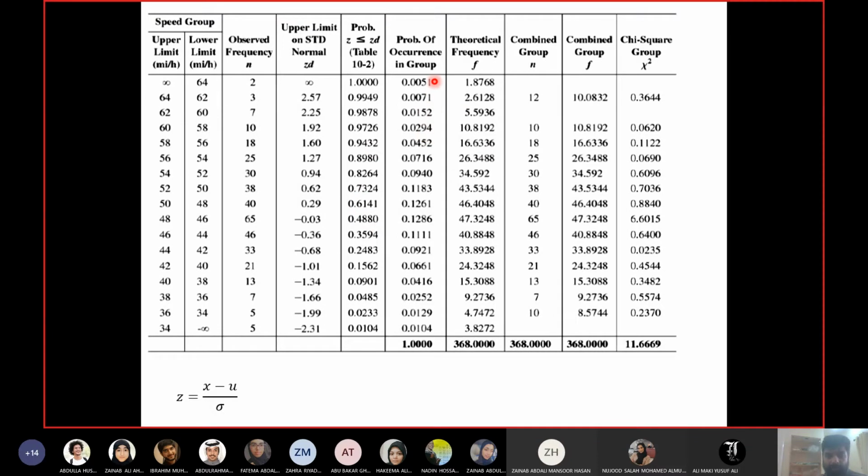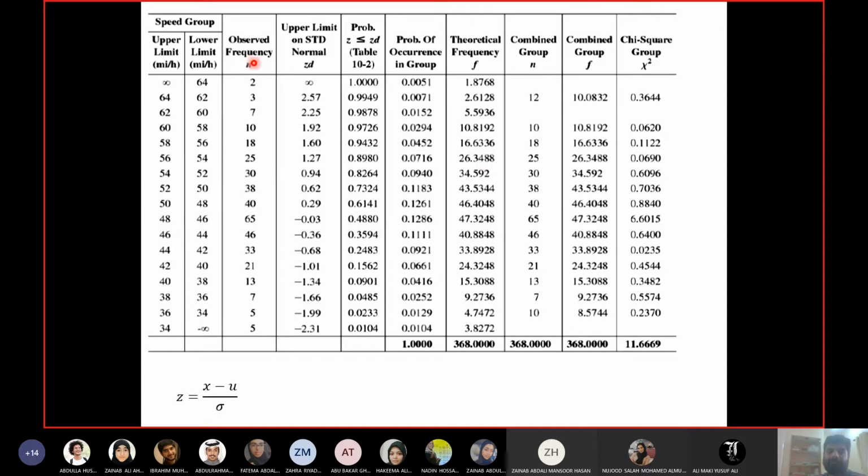Remember, capital N is a constant, the total number of values for the whole data set, so it will not change for each group. Each probability is multiplied by the total number of values, not the number of values in each group. So 0.0051 multiplied by 368 is 1.8768. 0.0071 multiplied by 368 is 2.6128, and so on.